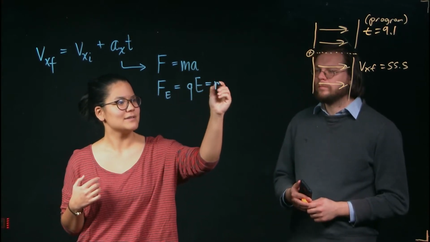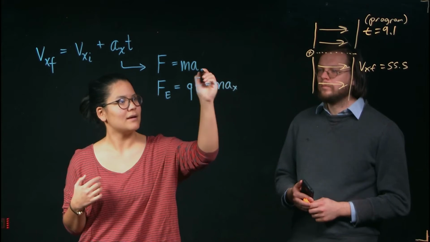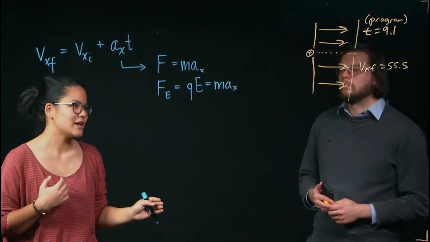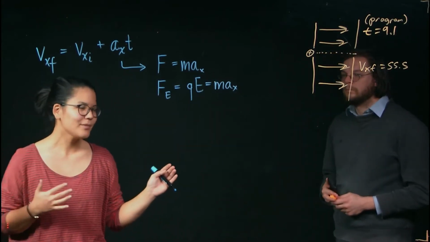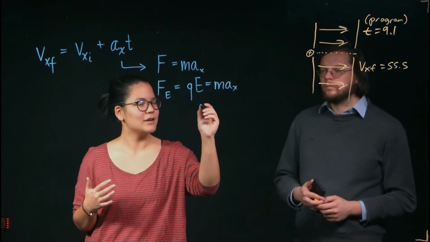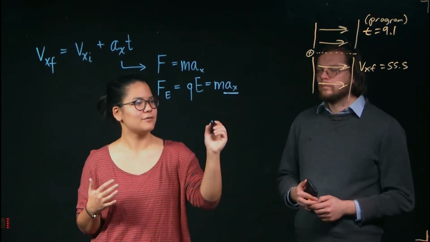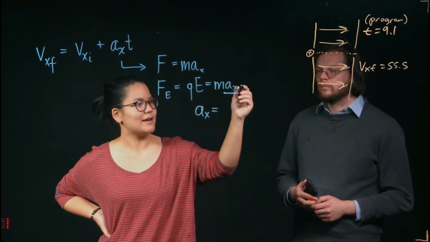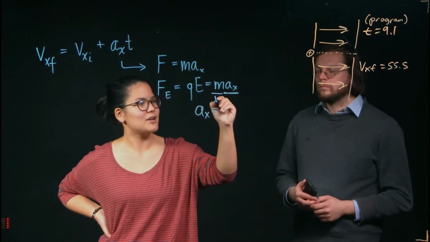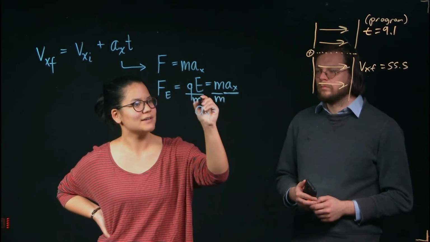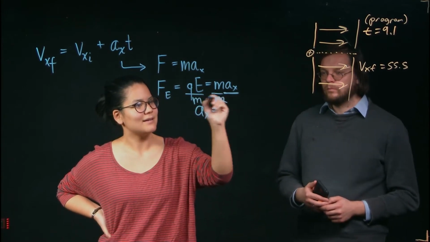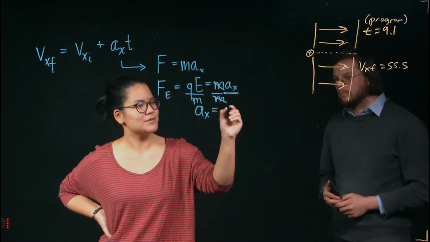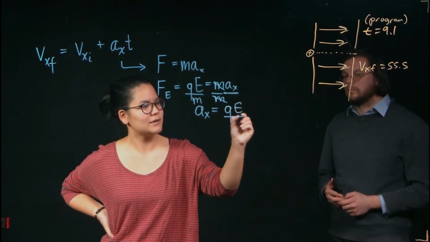And that equals our acceleration in the x direction times the mass, from Newton's law. So if we want to solve for that acceleration, we divide by m on both sides. And so we have QE over m.